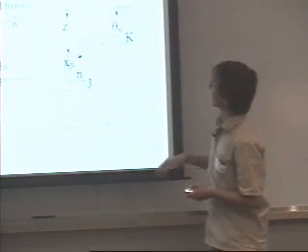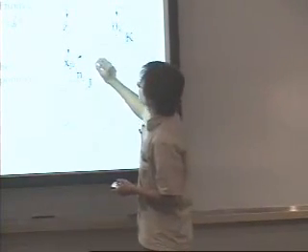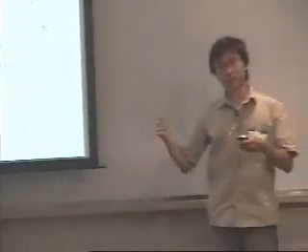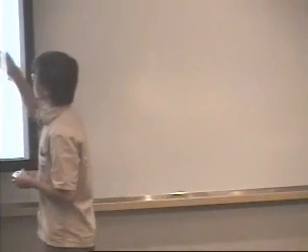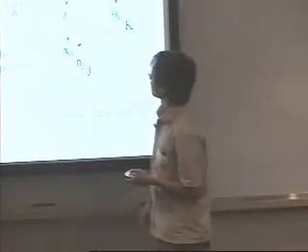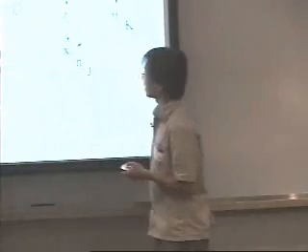The documents contain mixing proportions, which describe which combination of topics appear in that document. These mixing proportions are sampled from a Dirichlet distribution. Actually, it's a flat Dirichlet with some parameters alpha over k.